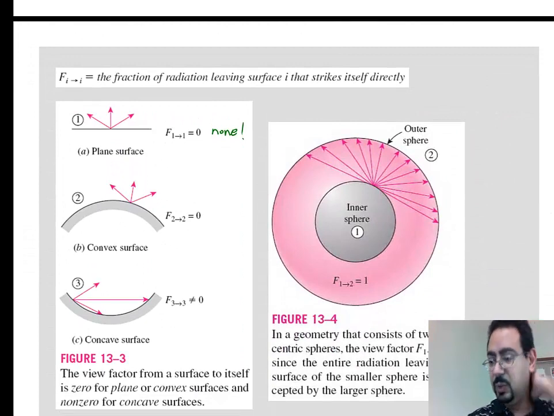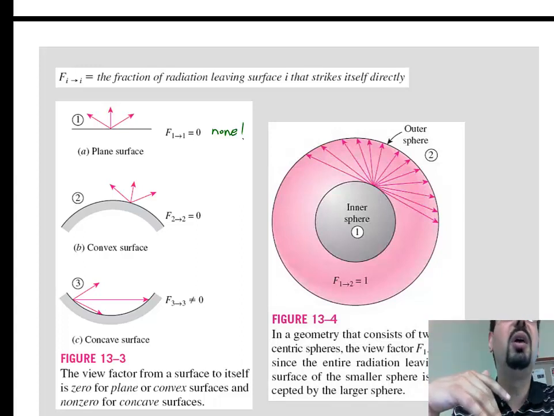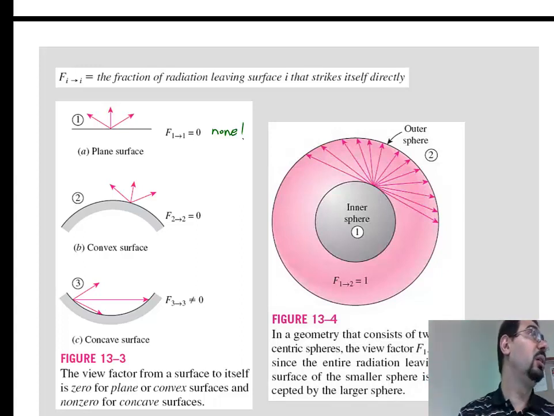All right. So now the whole chapter is filled with tables for that F. Just like in natural convection and forced convection, we have tables for Nusselt number of a cylinder, Nusselt number for a flat plate, and so on and so forth. Over here, we will have tables for view factor, because that F is really the resistance.